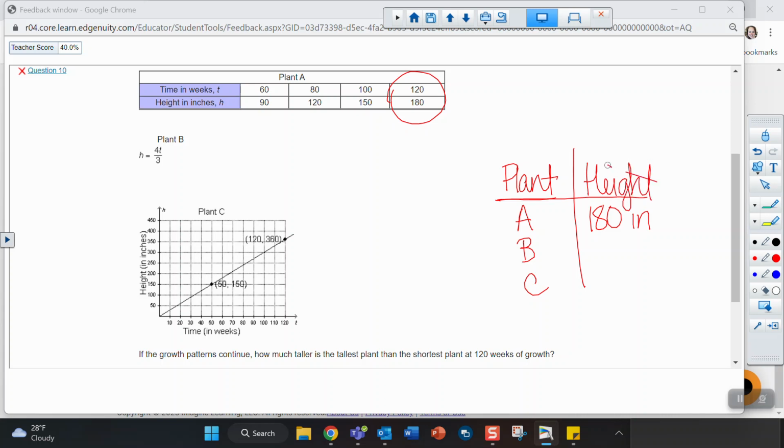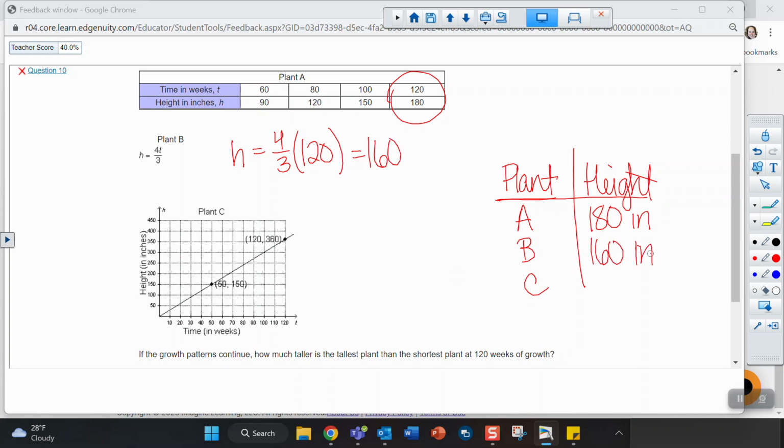For plant B, we had to plug that 120 weeks in for T, for time. So H equals 4/3 times 120, and that gave us 160 inches.